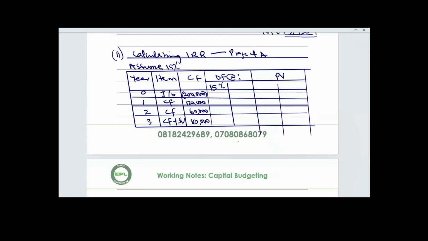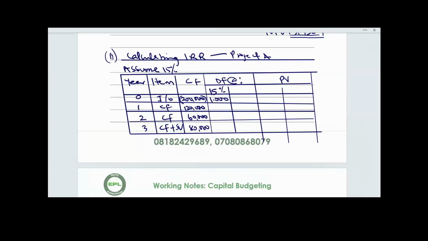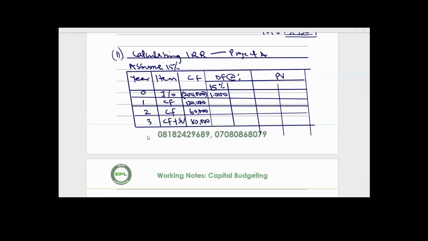So somebody should give me the discount factor for year 1 at 15%. 1.15 raised to power minus 1 is 0.870.